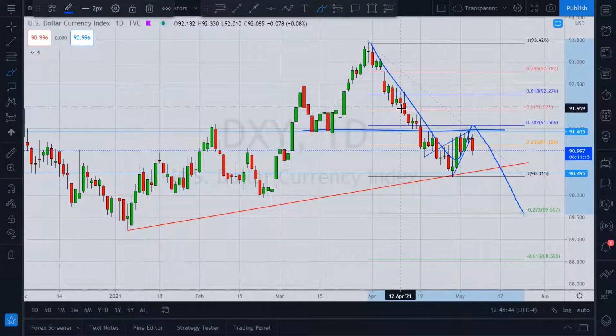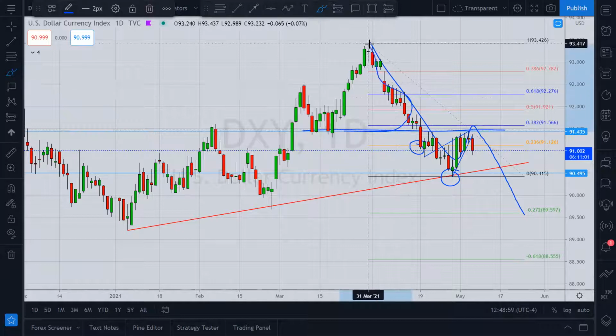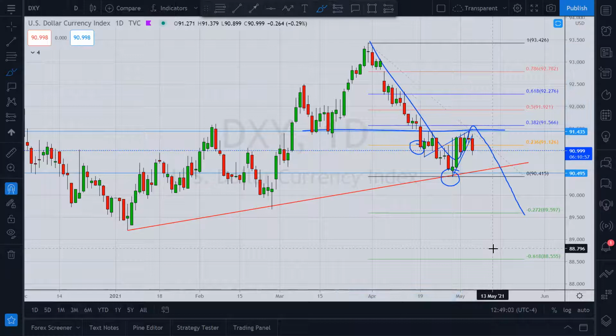We've created a lower low in relation to this one, and we just want to see that kind of action in a downtrend: lower highs and lower lows.